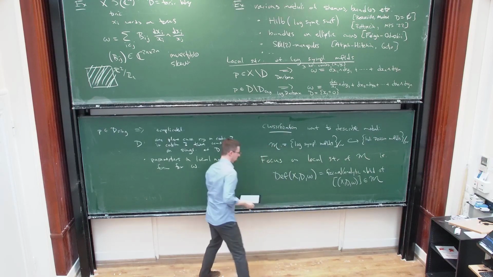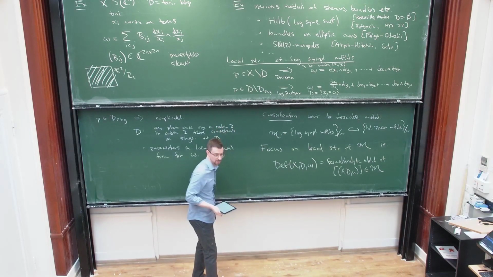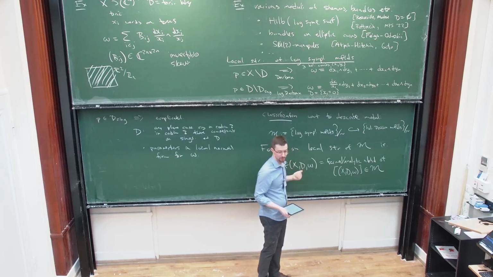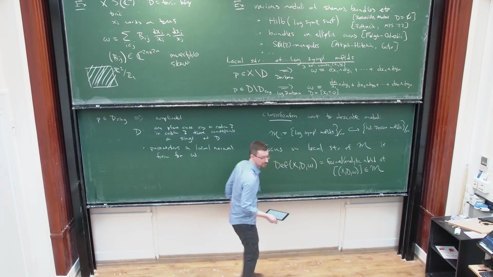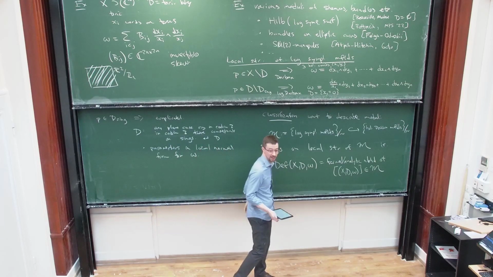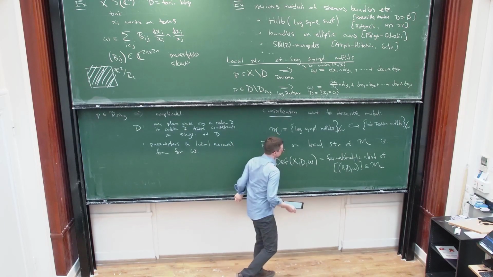Maybe I'll skip giving a very formal definition for the talk, but you can define this as a formal deformation functor, or pick your favorite way of defining it, but you talk about families over a base.